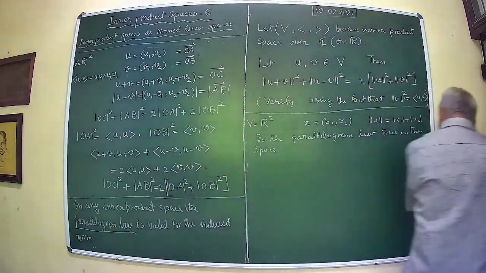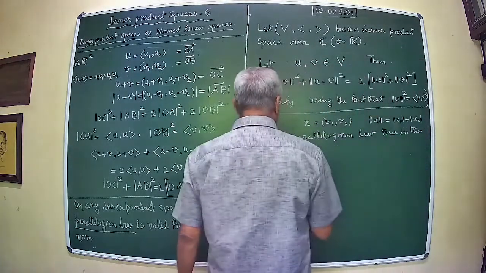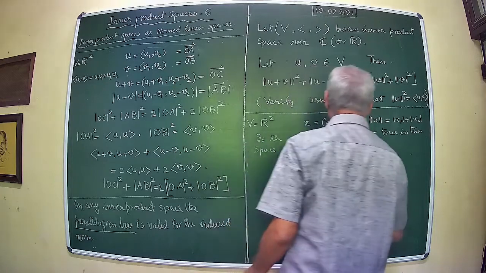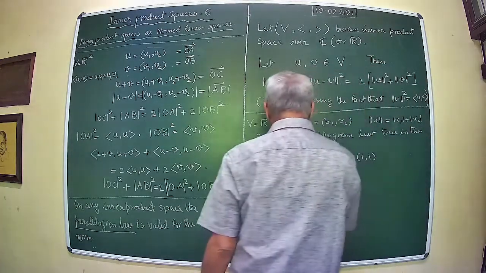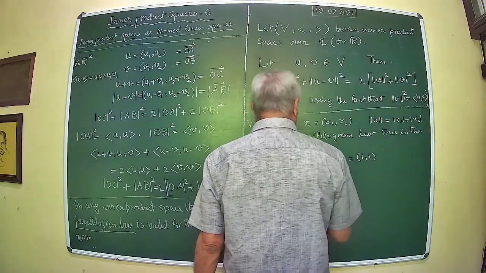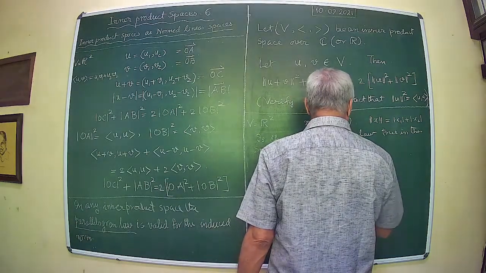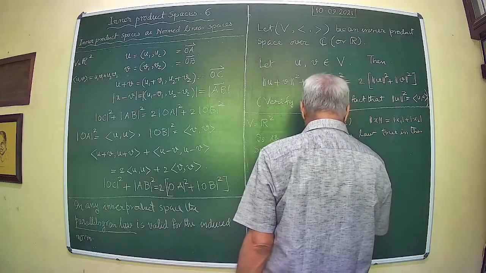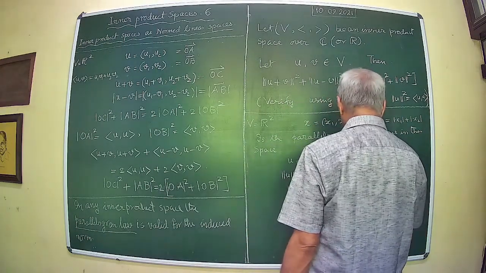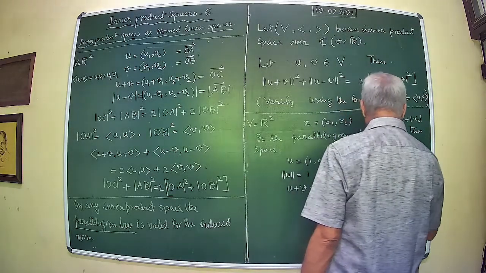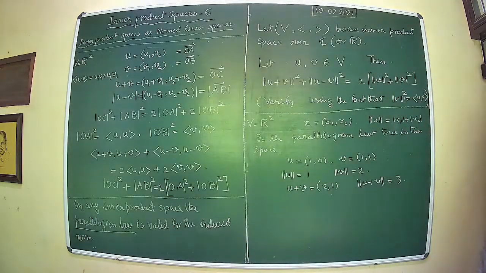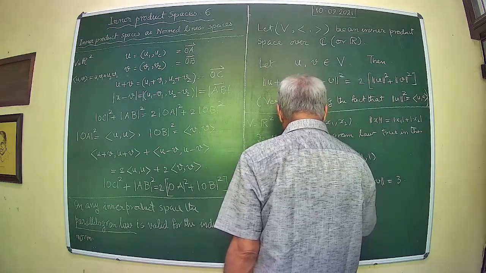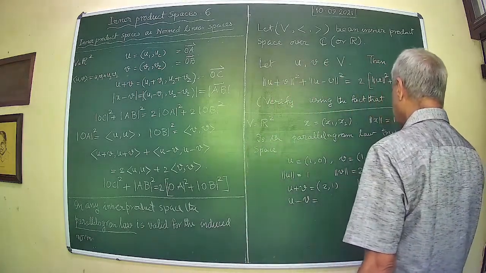For example, what happens if you choose vectors like, suppose you choose u equal to (1, 0), then what about norm u? u plus v is, norm of 3. u minus v is (0, minus 1).